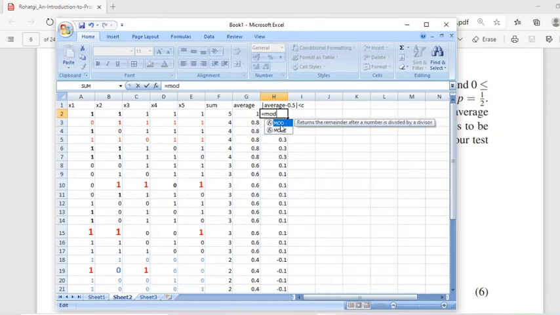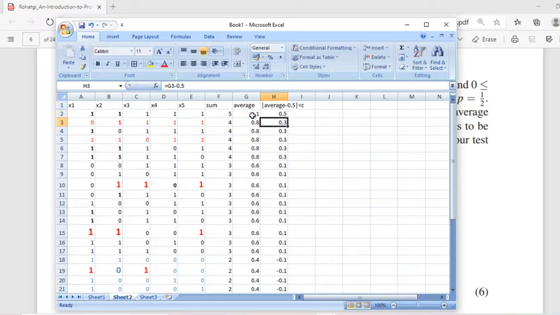Modulus, not mod. So there is no formula here. So let us take the difference. Just to think about that.